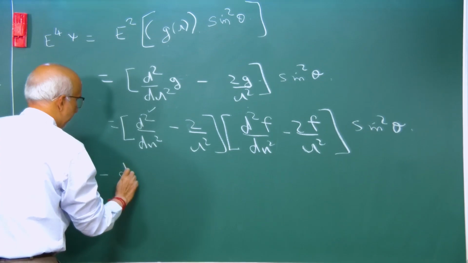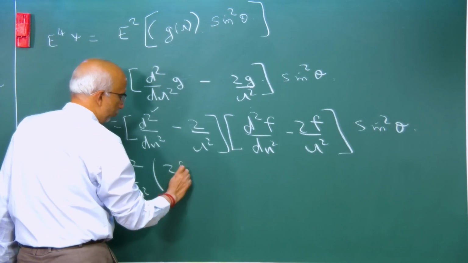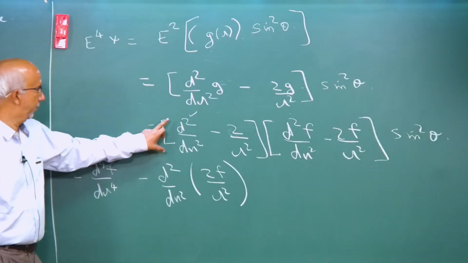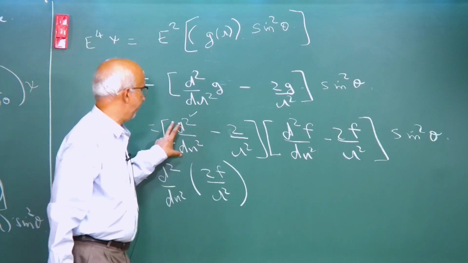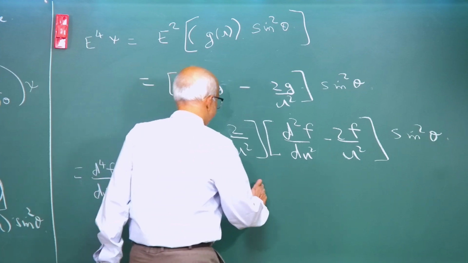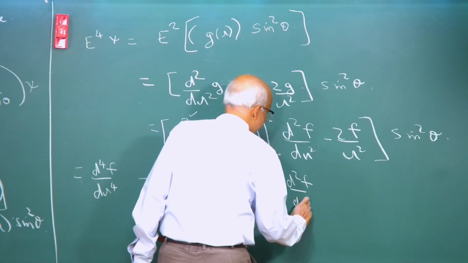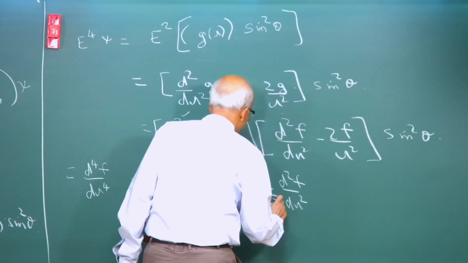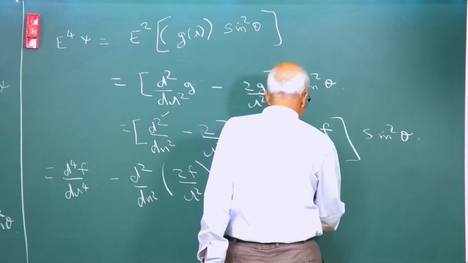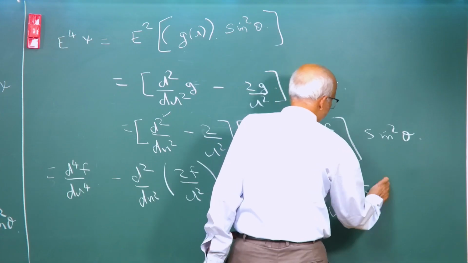Minus d square by dr square of 2f divided by r squared, because this is operating on that, minus 2 times d square f by dr squared divided by r squared, plus 4f by r to the power 4 equal to 0.